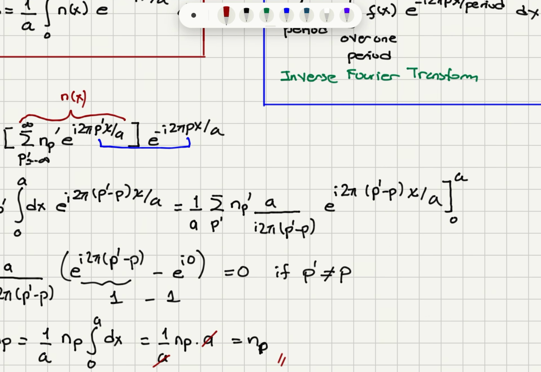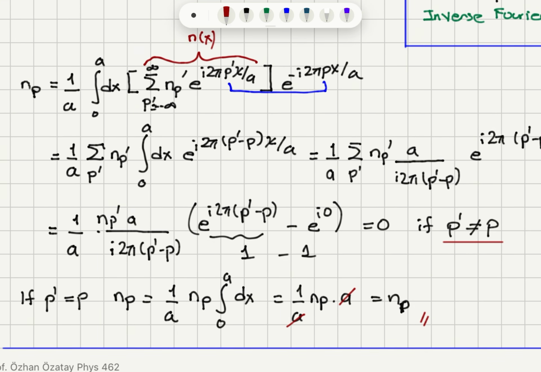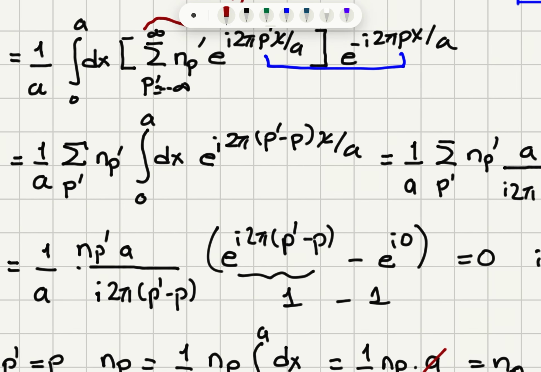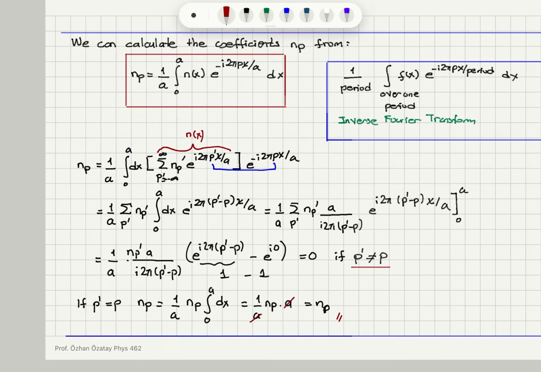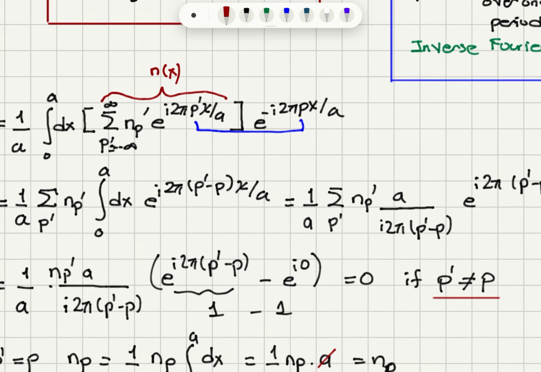So if p prime is not equal to p, I will obtain a 0 from this integral. On the other hand, if p prime is equal to p, if I look at my integral, I will have 1 over a, sum over p prime, n p prime. Now I have performed the summation and I'm only left with the p term, so it is n p.